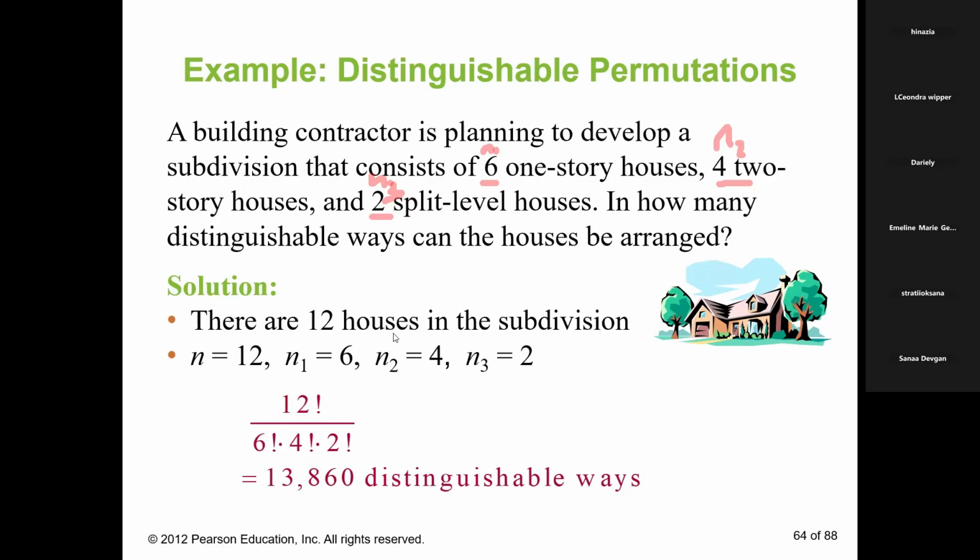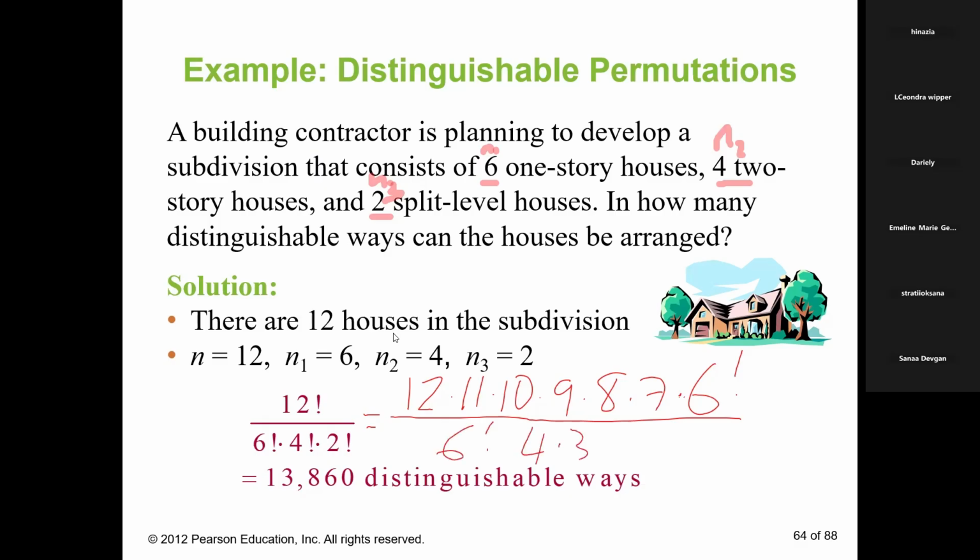Let me show you the calculation. We take 12 times 11 times 10 times 9 times 8 times 7, and then stop at 6 factorial. Why do we stop at 6? Because 6 is greater than 4. So 4 factorial would be 4 times 3 times 2 times 1. 2 factorial would be 2 times 1.